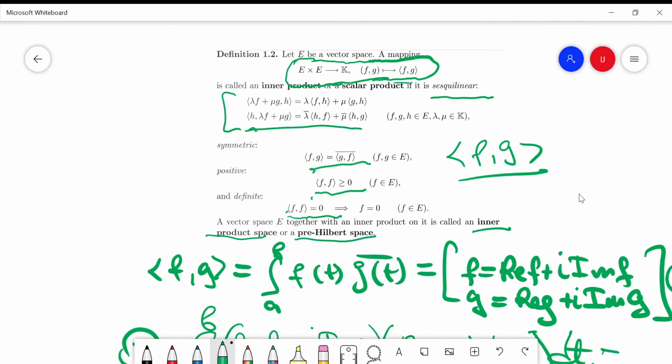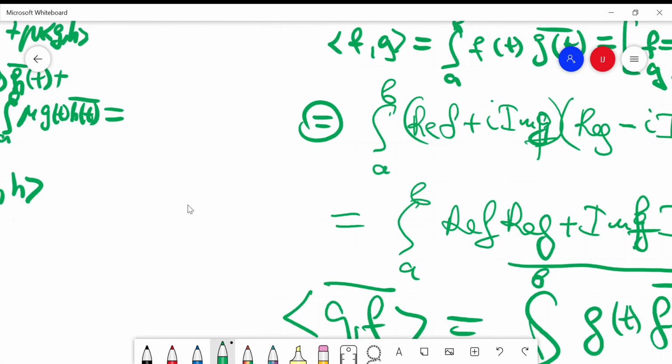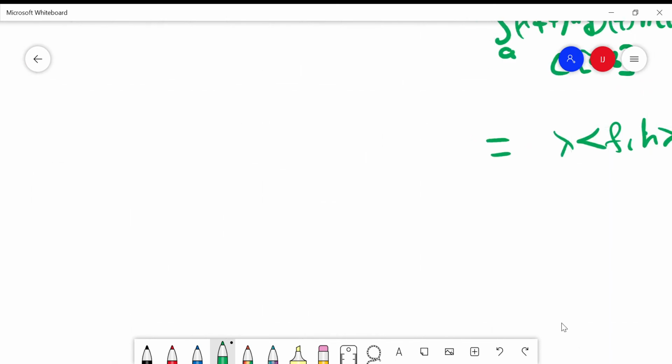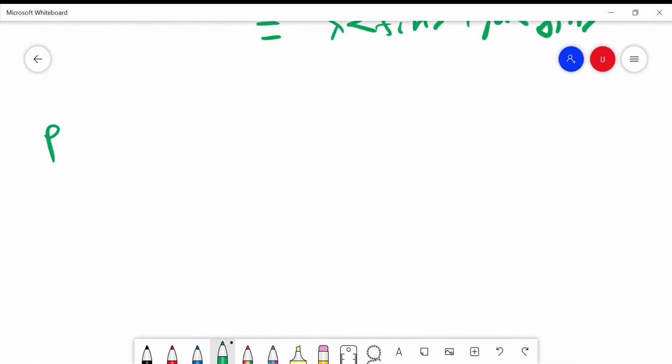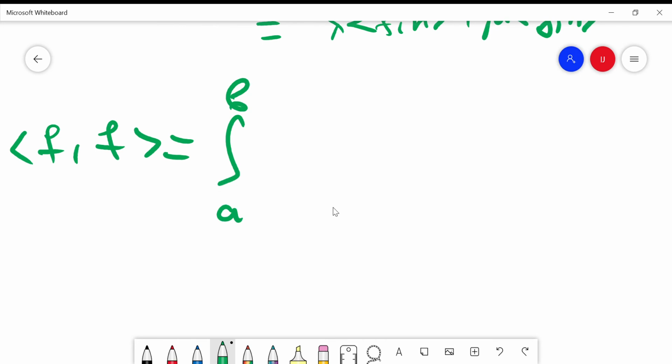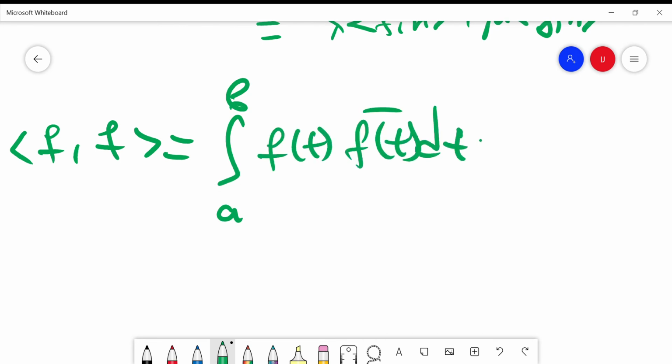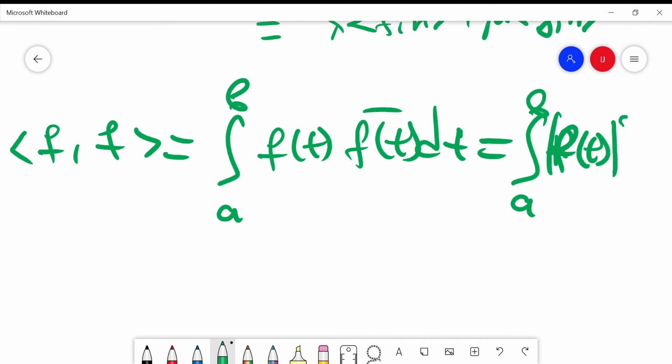So now let's talk about positiveness. Let's say again we have the same function, then we have this, and we can write it in this form from the definition of the inner product. Actually this is straightforward, and since it is always non-negative, the whole integral is non-negative.